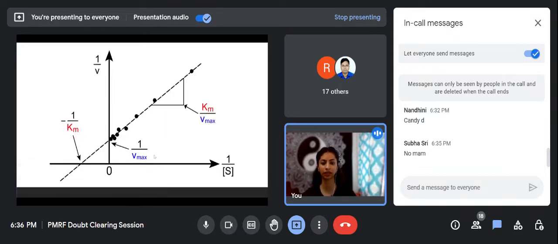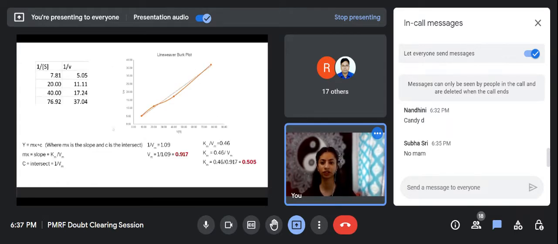This is the graph that you get from plotting 1 by v against 1 by s, right? So this is the line, this is the intercept, and this is the slope. Here you can see the equation for the best fit line, because if you actually connect the points, it's not a straight line.